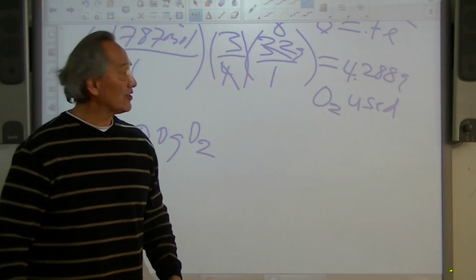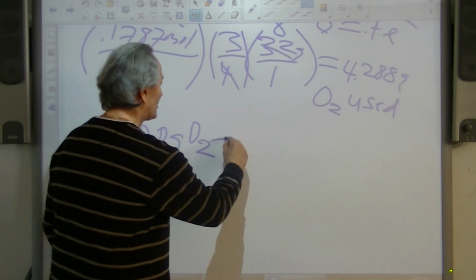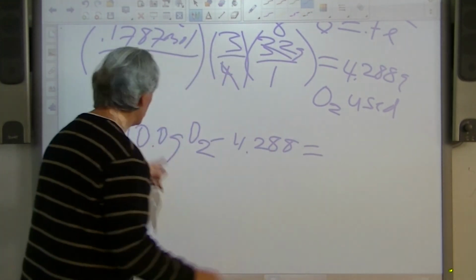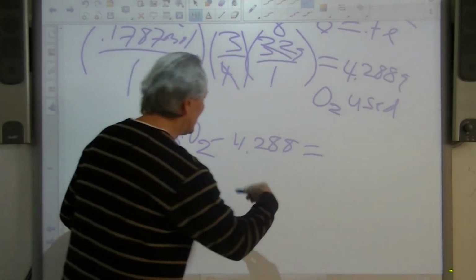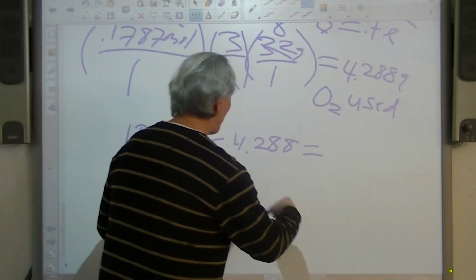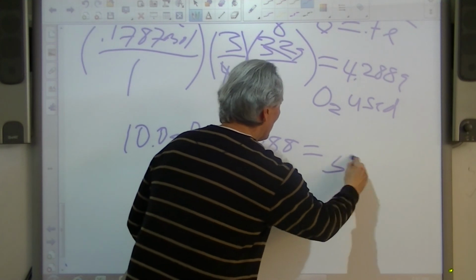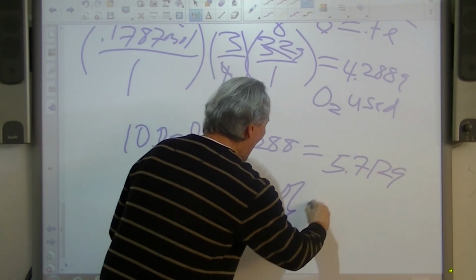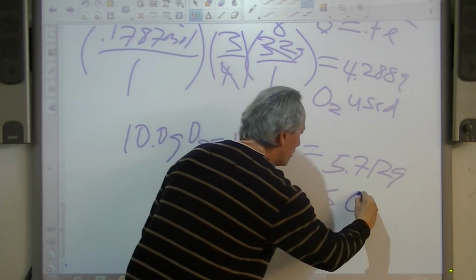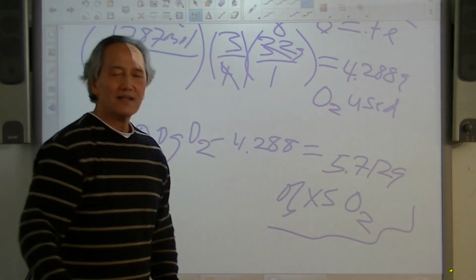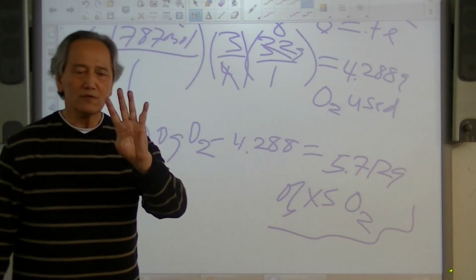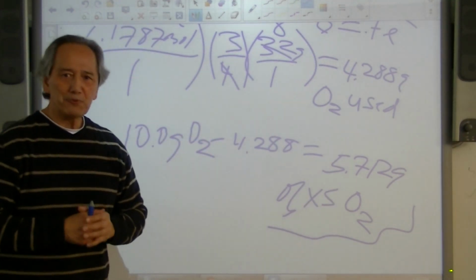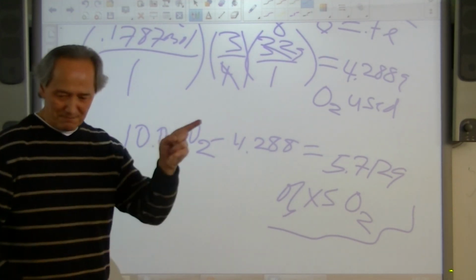In this problem, all we used was 4.288, so let's subtract this from the original 10 that was given, and we should get approximately 5.712 grams of excess, not used O2, and hence my last solution, solution number 4 for this limiting reactant problem. We appreciate your time, and we'll be back. Thank you.